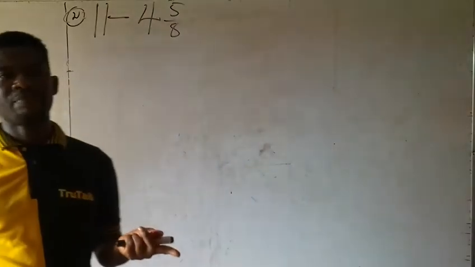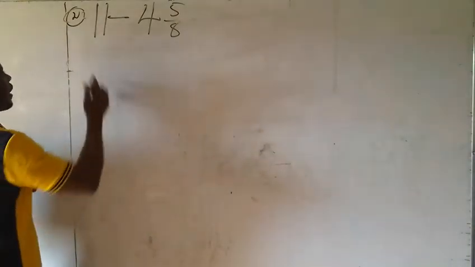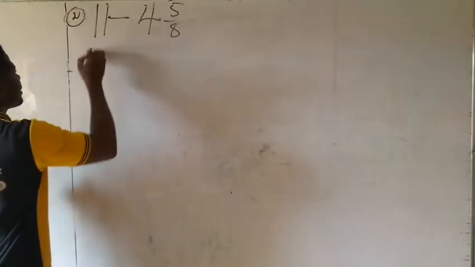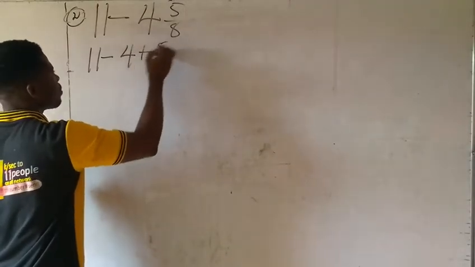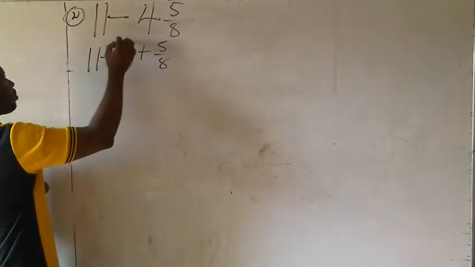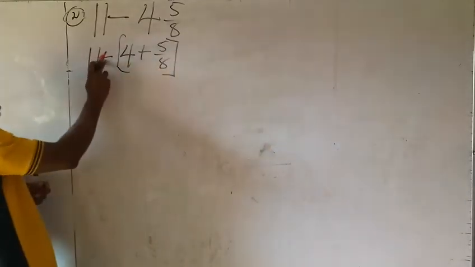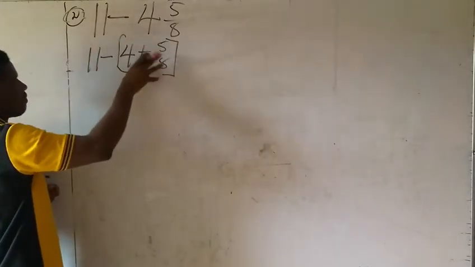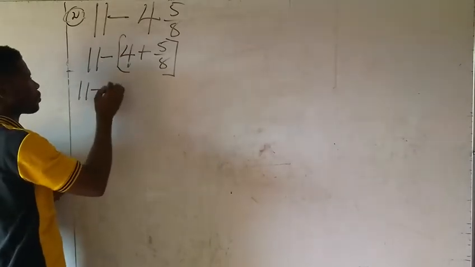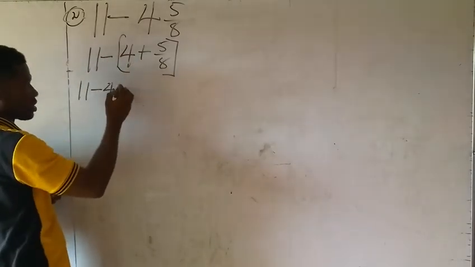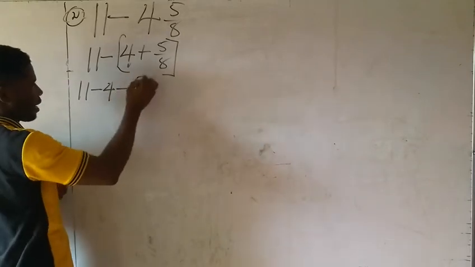We apply the same steps, same methods. We'll simply say, expand this by saying 11 minus what? 4 plus 5 over 8. Put this in brackets, so that the minus sign will affect everything inside the bracket. So we'll say 11, minus times 4 is what? Minus 4. Minus times plus is what? Minus. You bring down your 5 over 8.